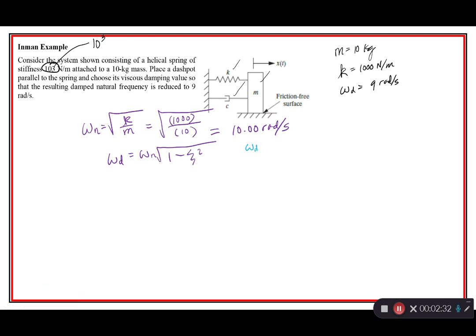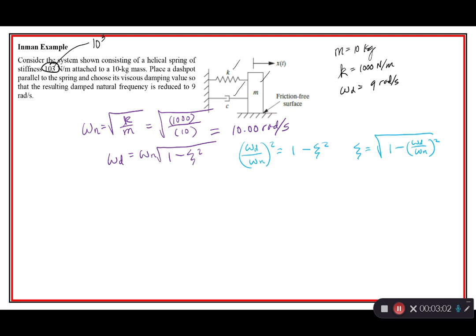Omega d over omega n is going to be equal to, but we can square it, right? It's going to be equal to 1 minus squiggle squared. I saw some people mess this up, so let's be careful. So that's going to be the same thing as squiggle equals the square root of 1 minus omega d over omega n, squared.